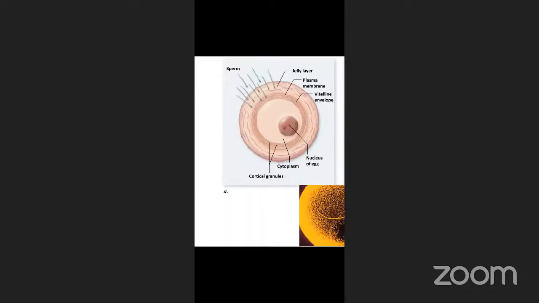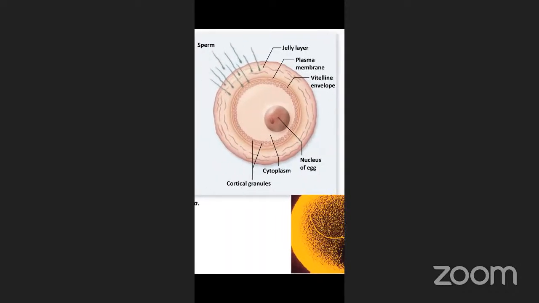So here we can see the structure, how it looks. At the center is the egg. At the center we have the nucleus of the egg, surrounded by the cytoplasm, and towards the exterior surface there are cortical granules, small round granules, and surrounding that we have the vitelline envelope, then the plasma membrane, then the jelly layer, the zona pellucida.